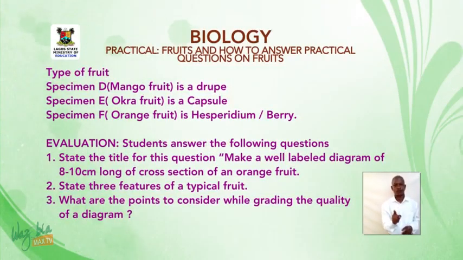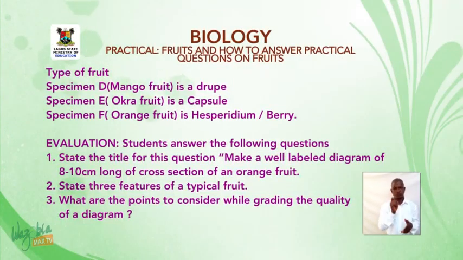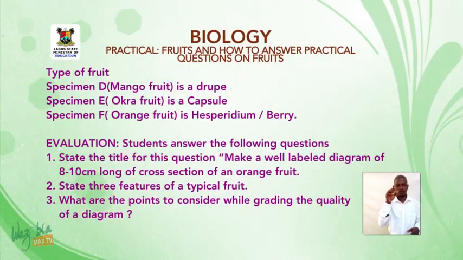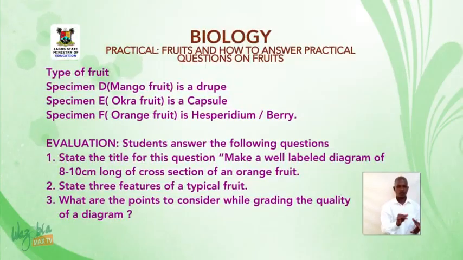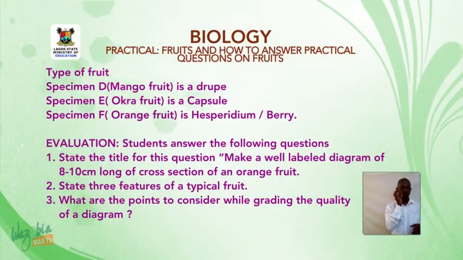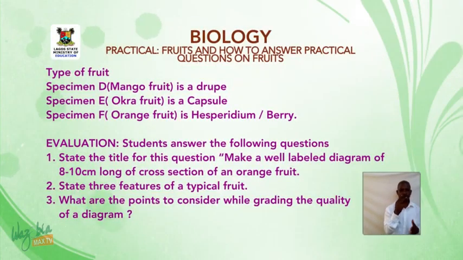Evaluation. Students, answer the following questions. Question 1. State the title for this question. Make a well-labeled diagram of 8 to 10 cm long of cross-section of an orange fruit. Question 2.